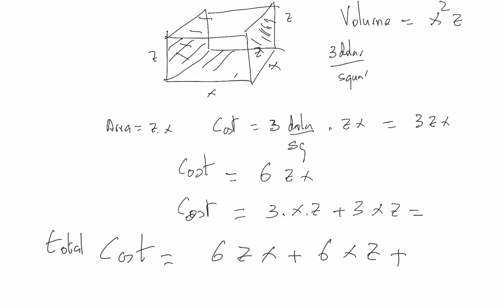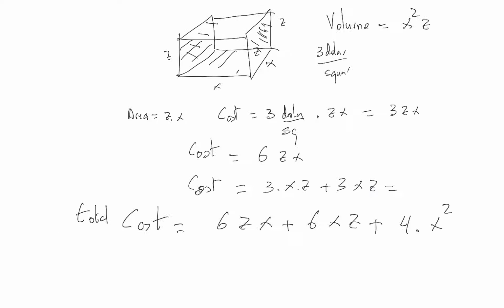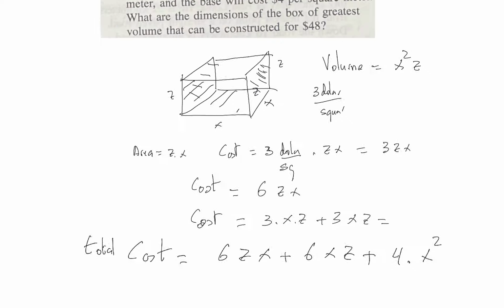And the cost of the base is $4 per square foot multiplied by the area of the base, which is x squared. So this is the total cost C of z and x. It depends on x and z.